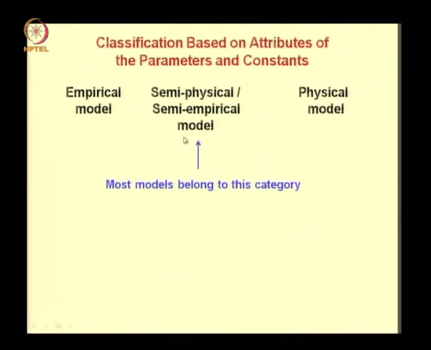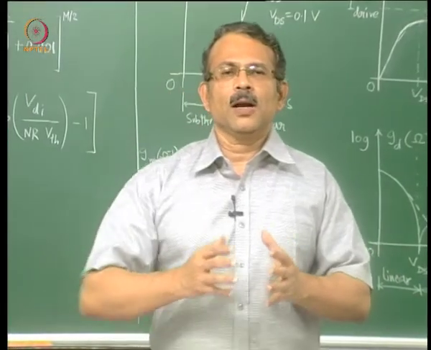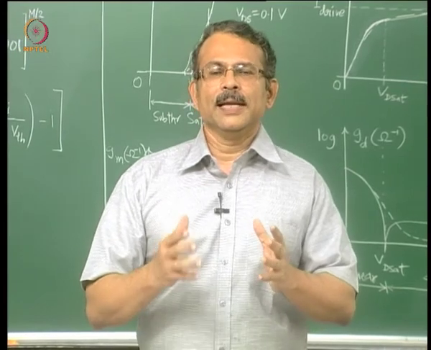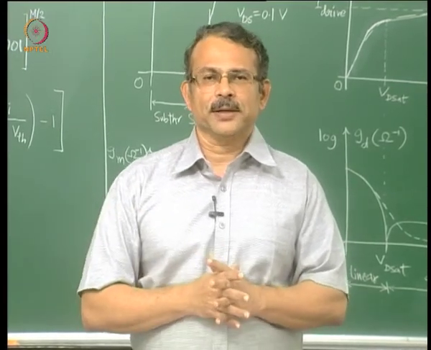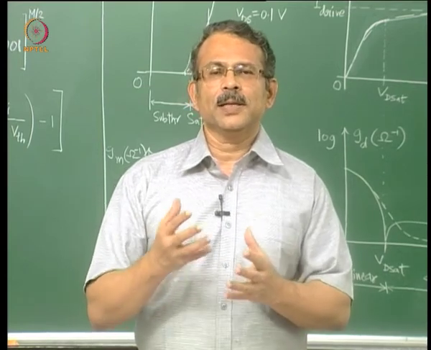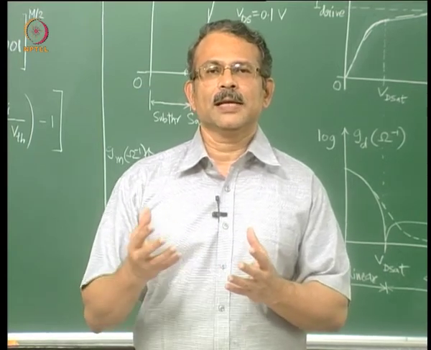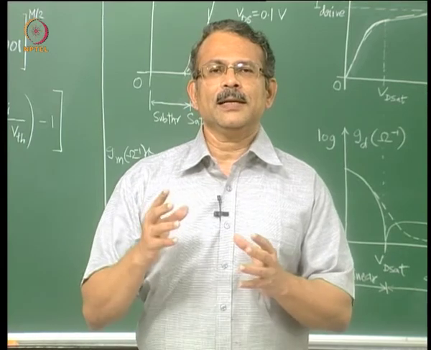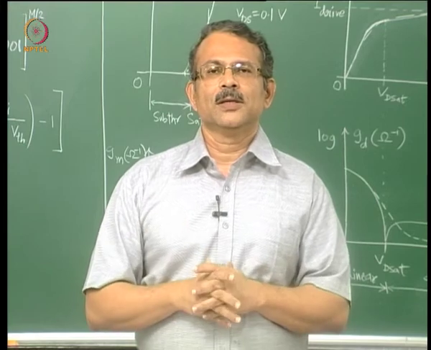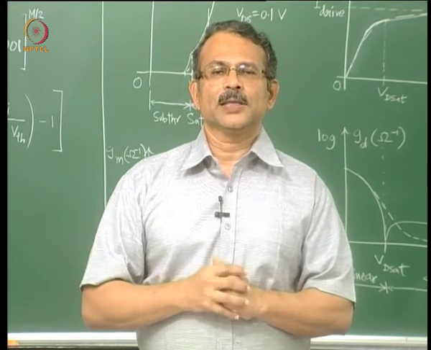However, most models belong to the category of semi-physical or semi-empirical. This is because it is difficult to model all physical effects in an equation which is computationally efficient. Therefore, what one does is capture the dominant physical phenomenon in a simple equation and then introduce empirical adjustments of this basic equation to improve its accuracy.